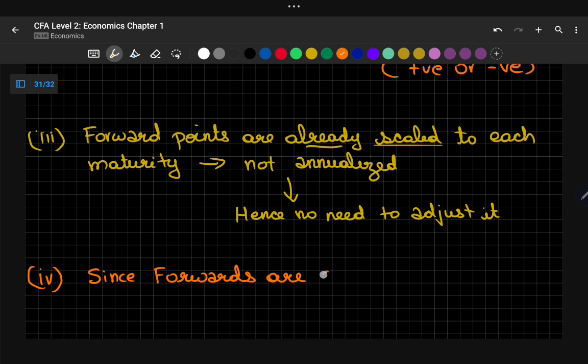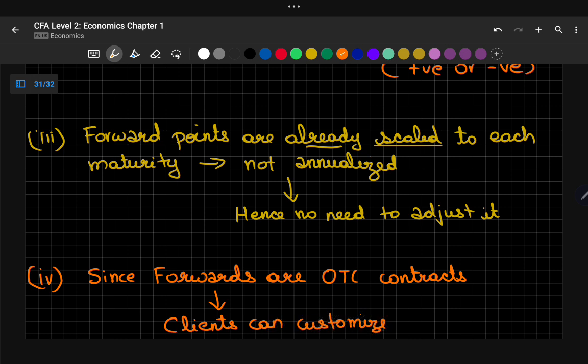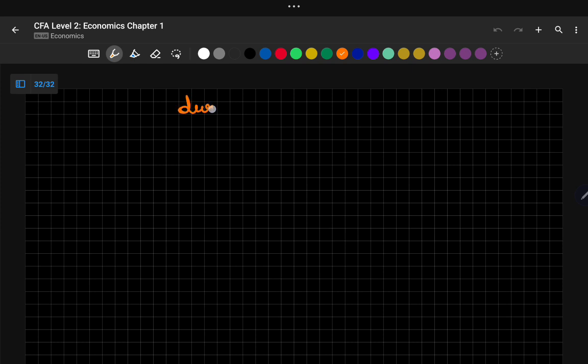So since forwards are OTC contracts, clients can customize the contract, including the duration to maturity.